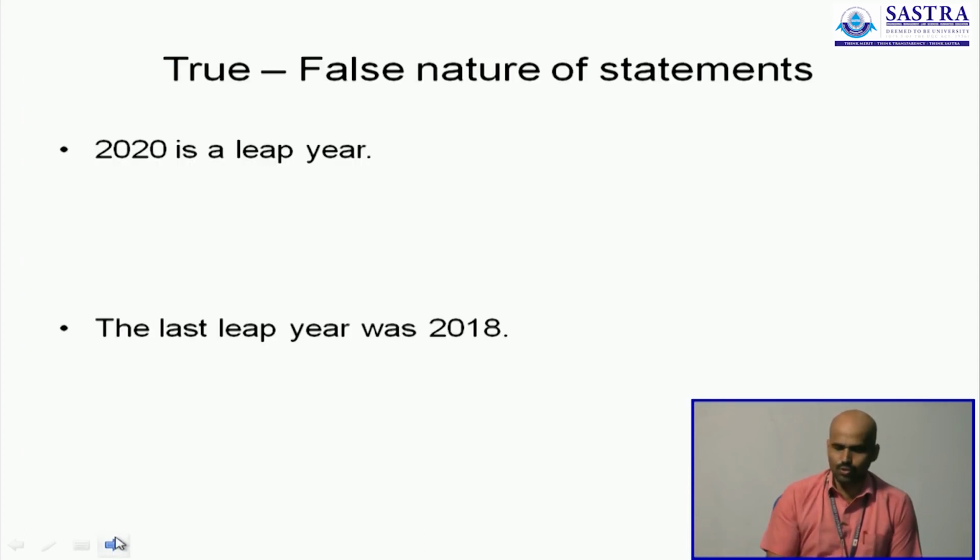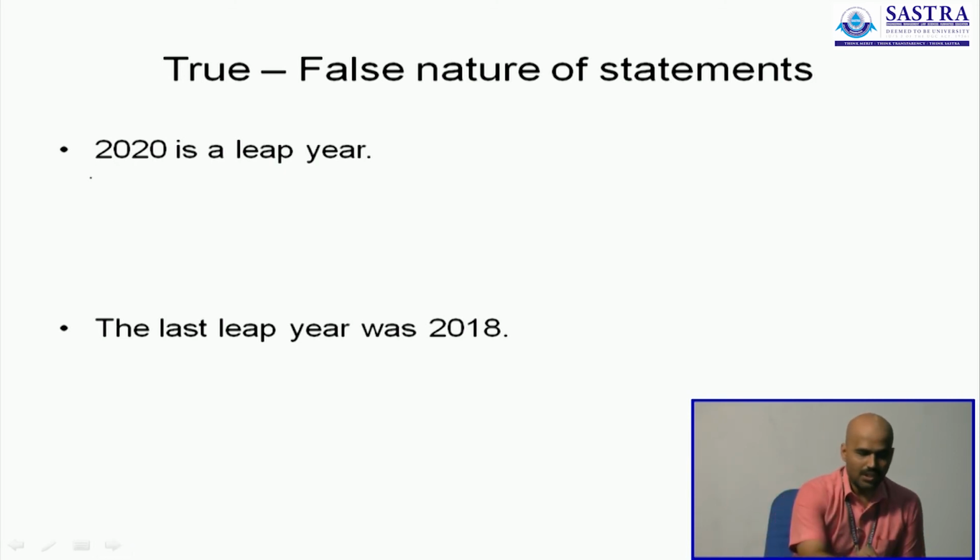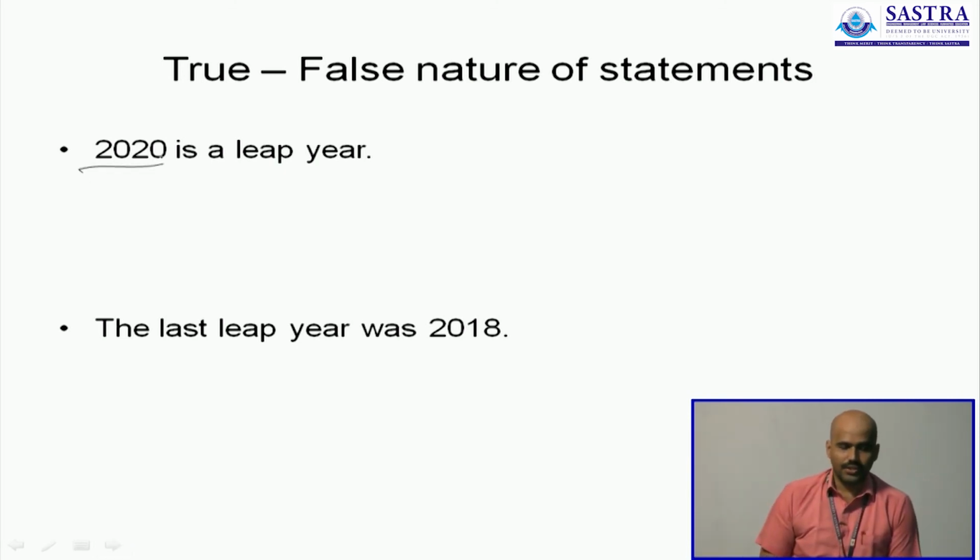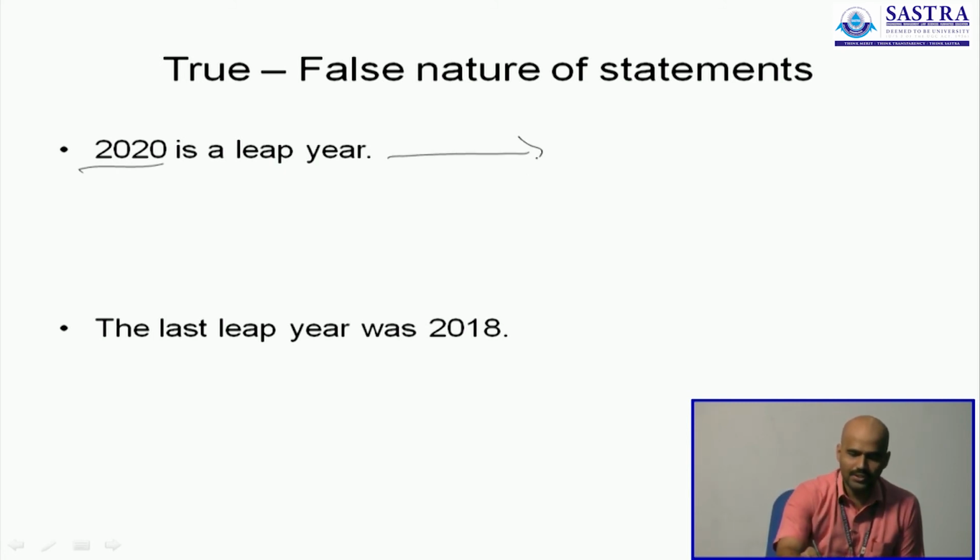We will have a look at 2 simple statements and understand the true or false nature of every statement that is being fed. The first one is about the year 2020. It says the year 2020 is a leap year. So most of us know that this is true. So this takes a truth value as being true.